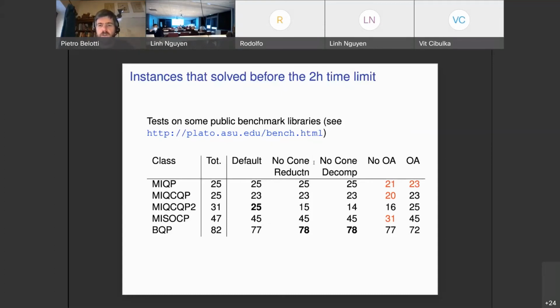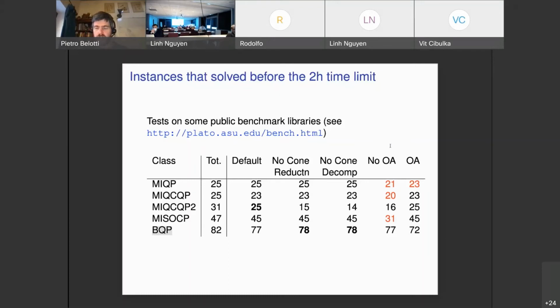If you exclude the technique that takes a quadratic constraint and transforms it into a cone, then the performance doesn't get much worse. It actually improves in one set of instances, although this is a very peculiar set of instances where all variables are binary. Things get slightly worse when we don't decompose the cone, because there's only one instance here that is not solved with respect to the default, and likewise when we also exclude cone reduction.